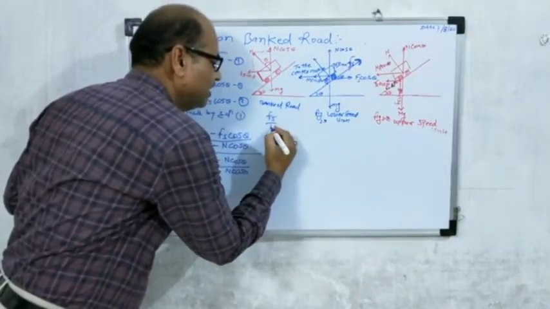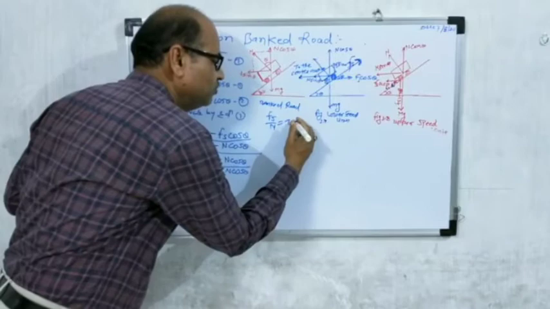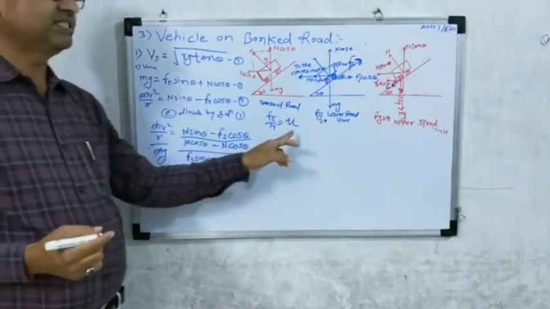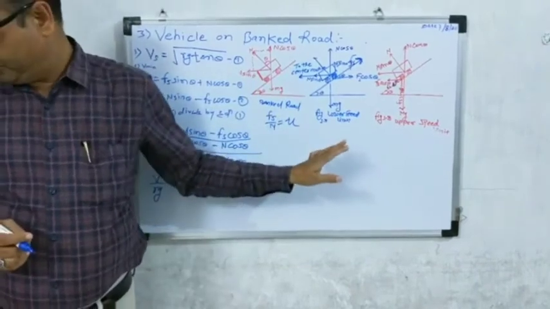Fs divided by n is equal to mu. Mu means the coefficient of static friction.